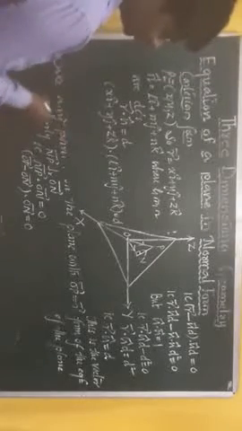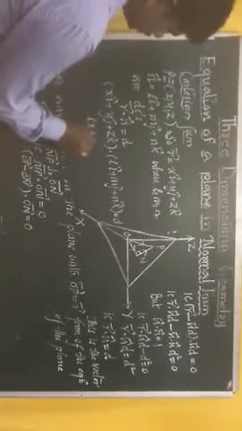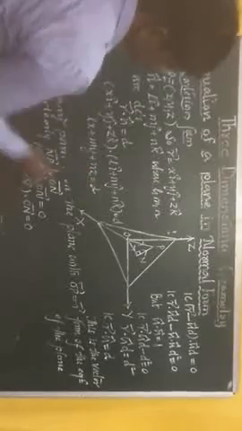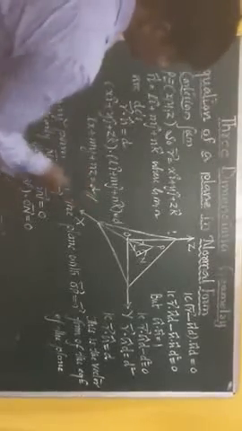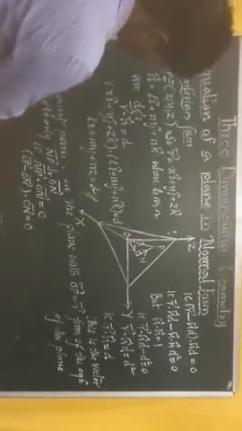Now again, using the dot product of two vectors, we get lx plus my plus nz equal to d. Now this is the equation of the plane in the Cartesian form.